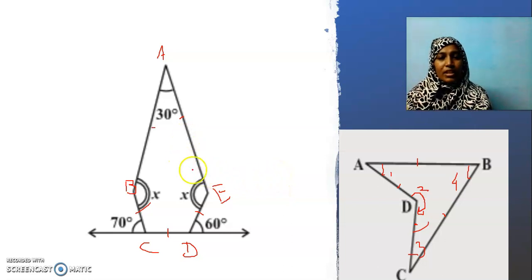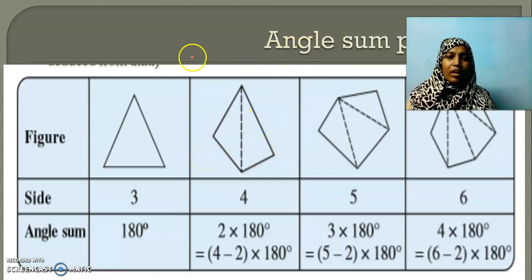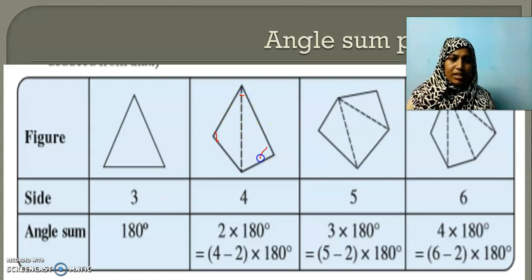Now before discussing these angles, I will tell you something about other polygons. To start with, the angle sum property of a triangle: if I add all the 3 angles, it is 180 degrees. In a quadrilateral, I said if I add all the angles, it is going to be 360.